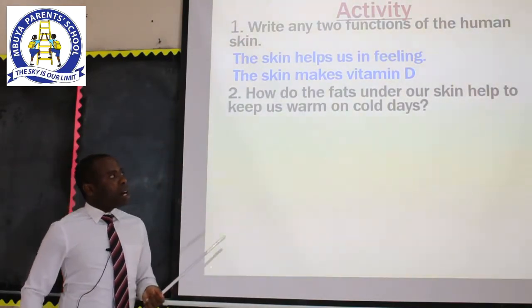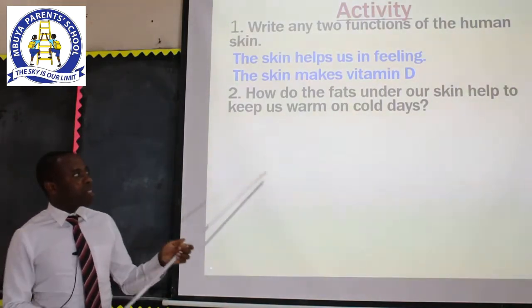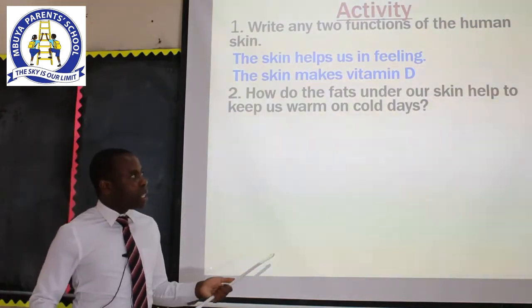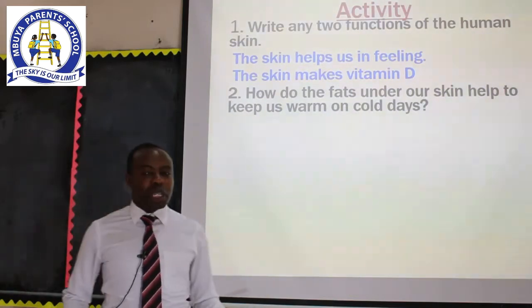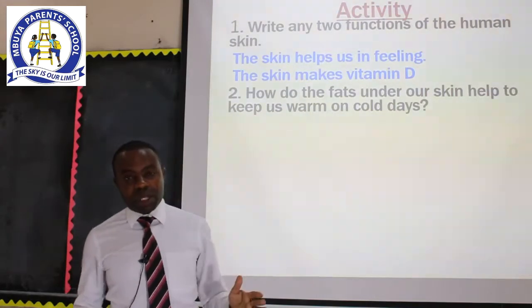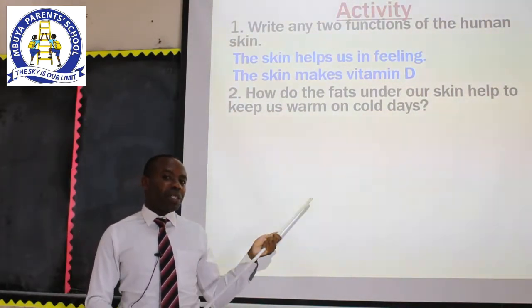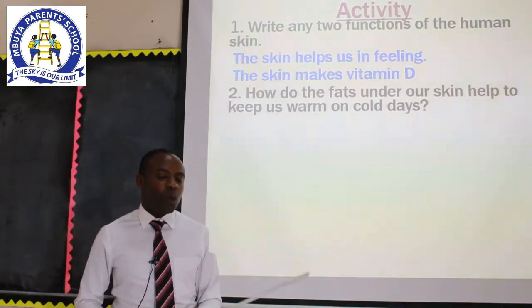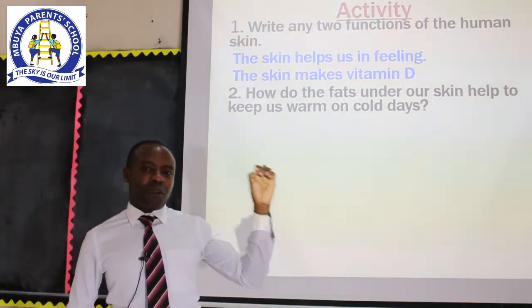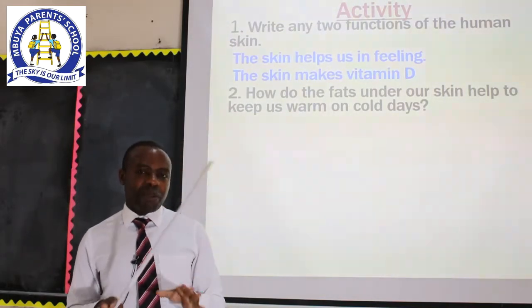was, as you see it, giving the way how fats under the skin help to keep us warm in cold days. Remember, if you go to the layers of the skin, we said we have got epidermis, dermis, and then beneath the dermis, we had the subcutaneous fat layer. And that is the layer that is having fats.